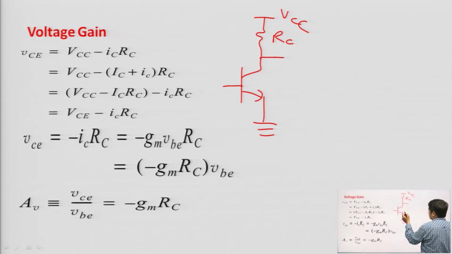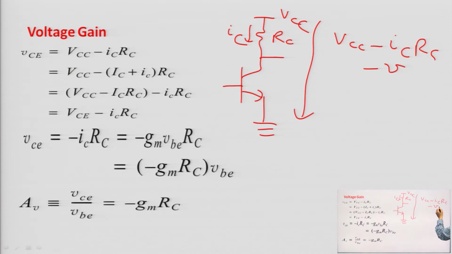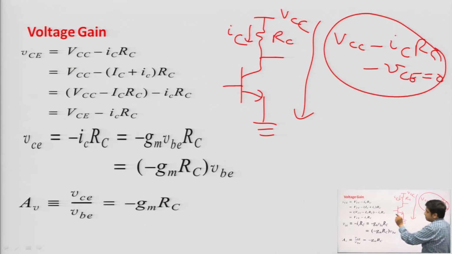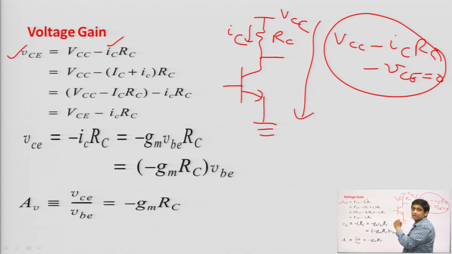If you apply the KVL in this particular loop, then it will be VCC minus the total collector current small i capital C into RC minus small v capital C capital E is equal to 0. So, from here you can get the value of VC, and further this small i capital C, the total collector current, will be the summation of the DC collector current plus AC collector current.